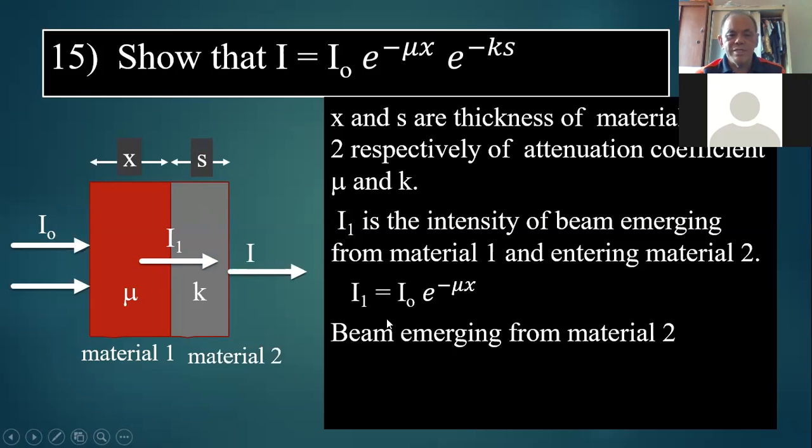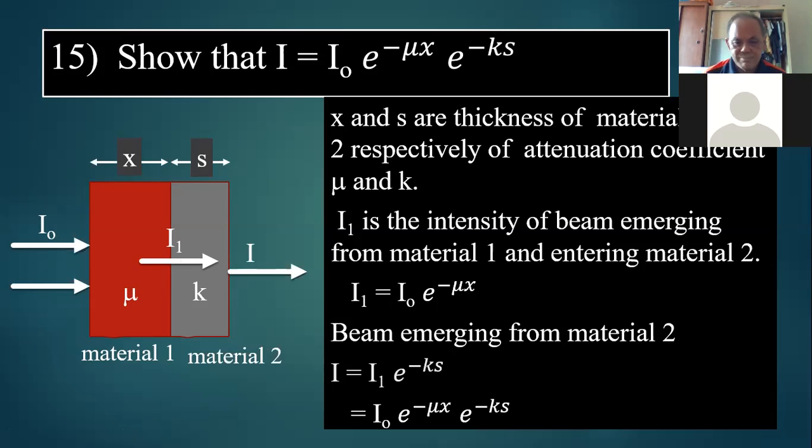So the formula is I equals I1 times e to the minus Ks, and I1 from the previous equation is replaced into this one. That's what we get. If they don't ask you to derive, don't derive, just memorize how to use the formula.